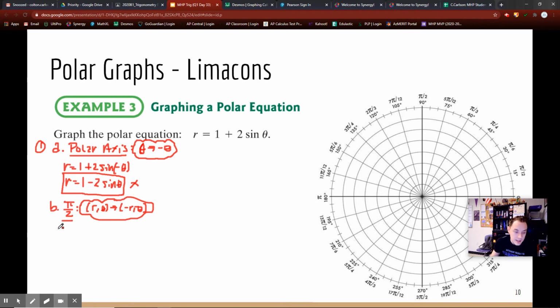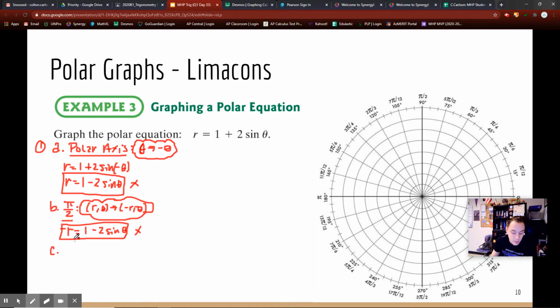So what this means is that I get minus r equals 1, and when I plug in the negative theta, I get negative 2 sine of theta. Even if I divided by that negative, it'd be negative 1 plus 2 sine theta, but I don't have a negative 1 here. So once again, that's a no bueno, even though that was my final answer for the symmetry.